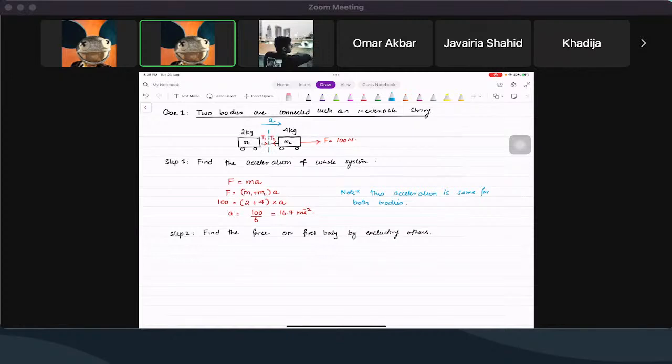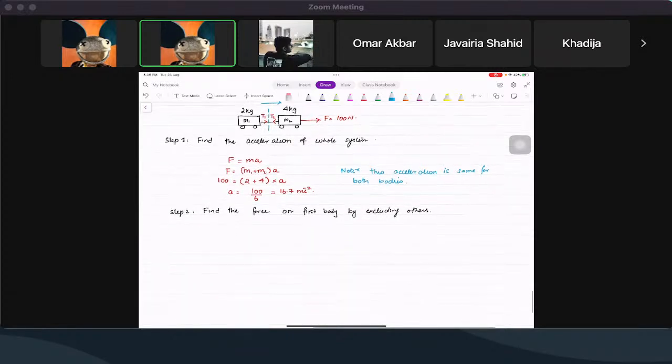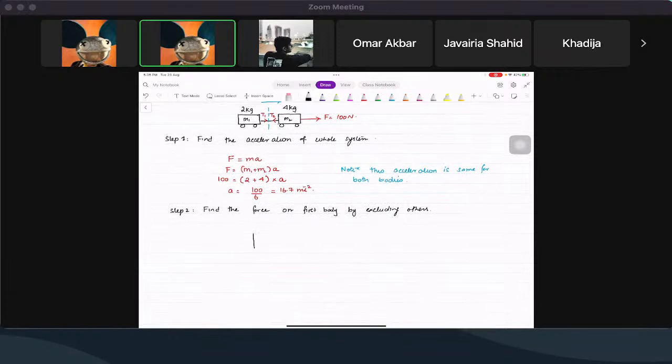The first body M1, when you isolate it, basically looks like this. This is M1, this is 2 kg, and the only force on it is T1. There's no other force on it. Is it clear? Yes.